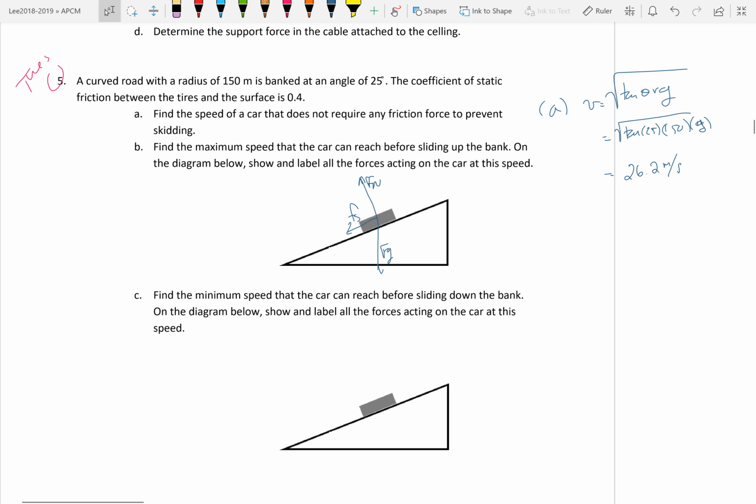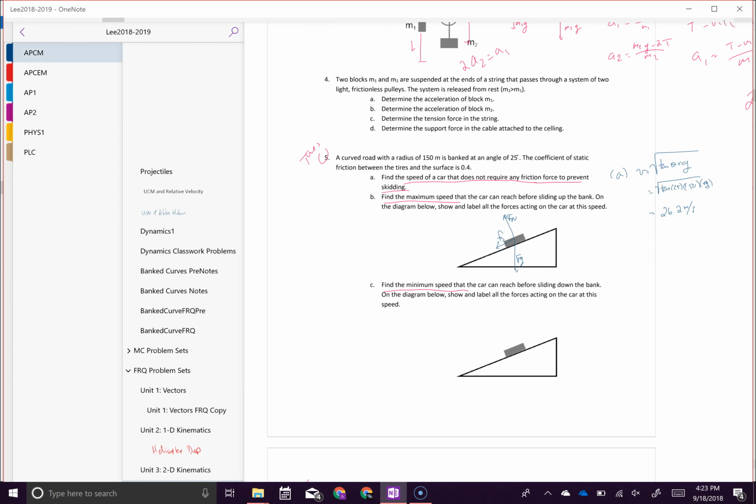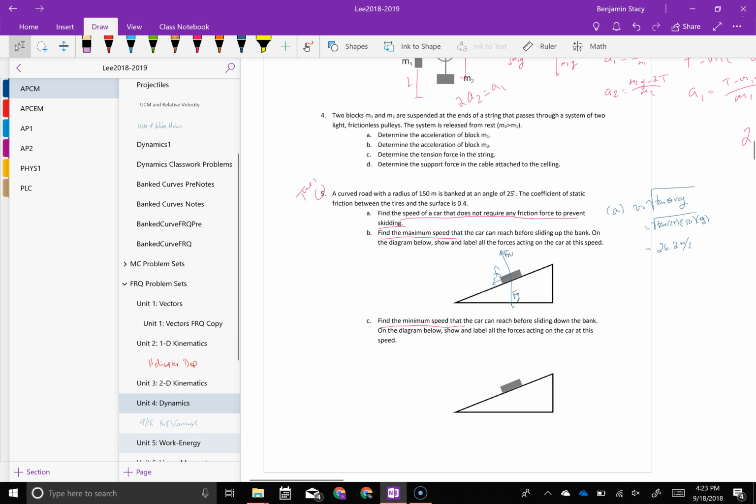Coefficient of static friction is given. Find the speed of the car that does not require any friction force to prevent it from skidding. Find the maximum speed it can reach before sliding up. And then find the minimum speed. And we should have values that are consistent with what we just found in our little derivation there. Okay. So those are our banked curves.